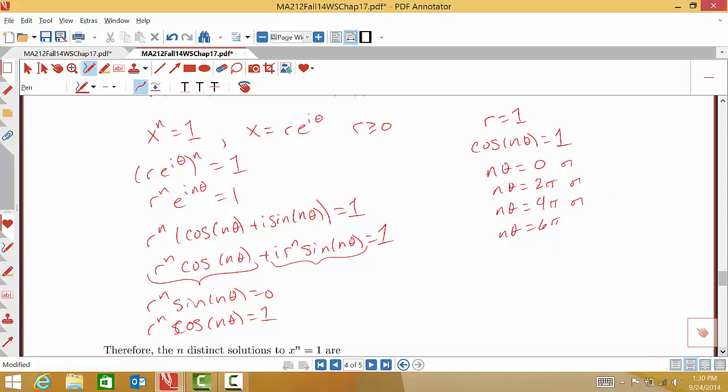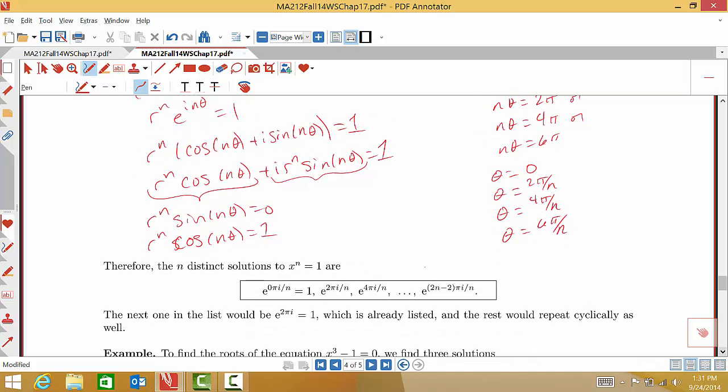What does the first choice of theta tell us? That tells us theta equals 0. The second choice tells us theta equals 2 pi over n. The third one tells us theta equals 4 pi over n. The next one is theta equals 6 pi over n, and so on and so forth.